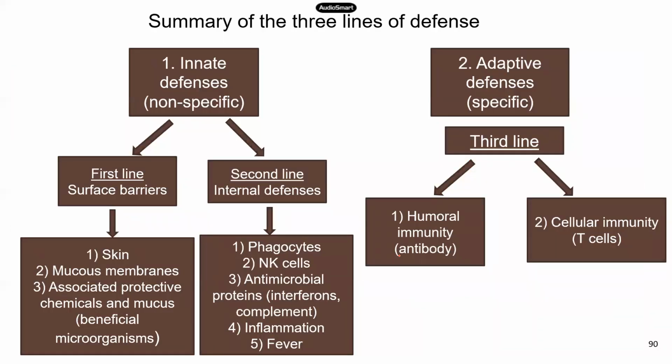Okay, I included this actually in my TEAS 6 video, but I think this is a very straightforward flow chart. It really helps you understand the different parts of the immune system and specifically the 3 lines of defense. So the first and the second lines of defense, remember, these are under the innate defense system.